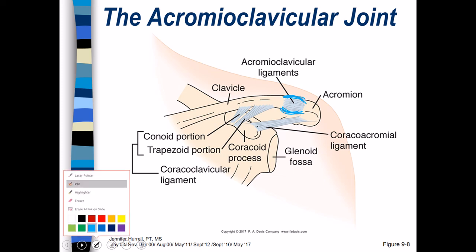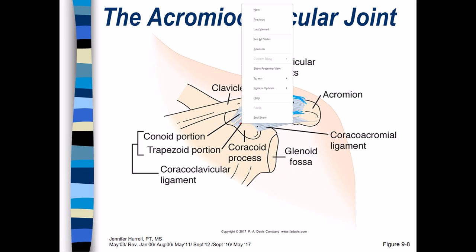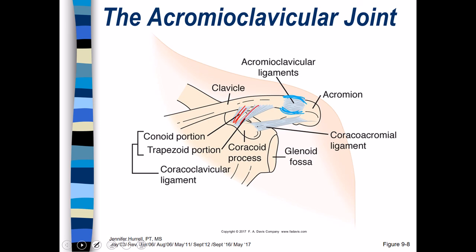All right, next we've got the coracoclavicular ligament. So coraco, obviously that's going to be the coracoid process, right? And up to the clavicle. So you'll see there are 2 portions to it. They both function like the same ligament, so we're just going to refer to it functionally as one coracoclavicular ligament. Don't worry about the different portions. So remember how we said the scapula is not attached to the trunk by much?